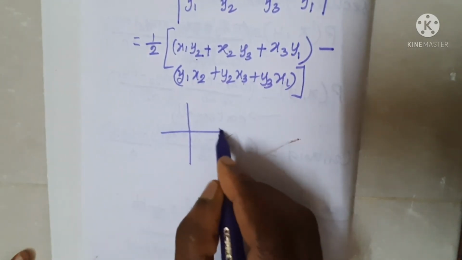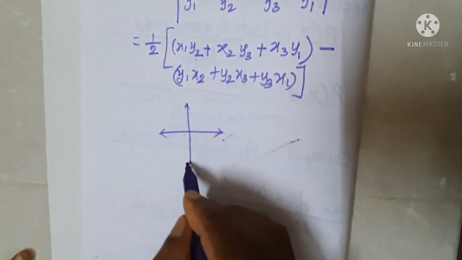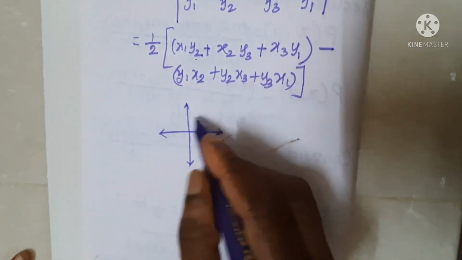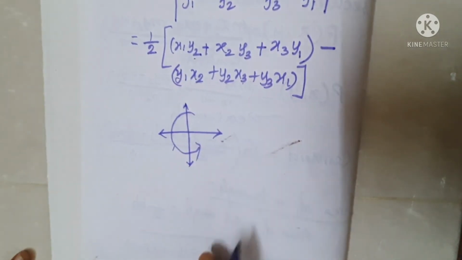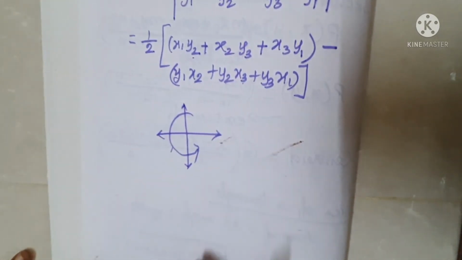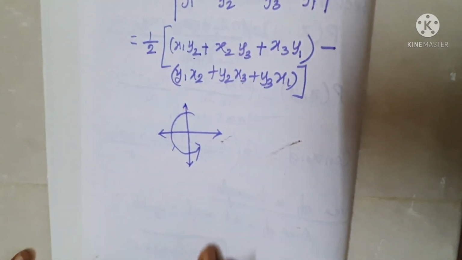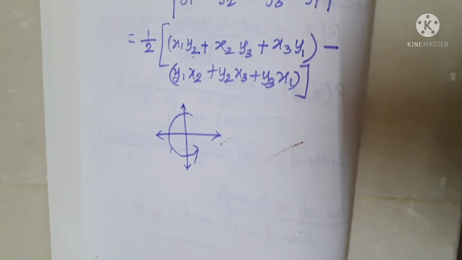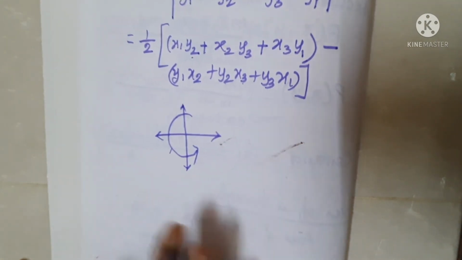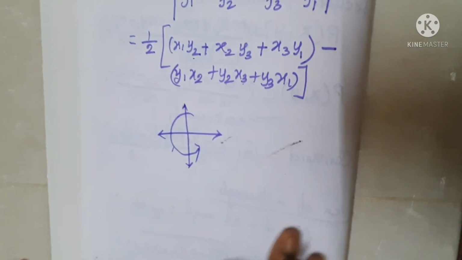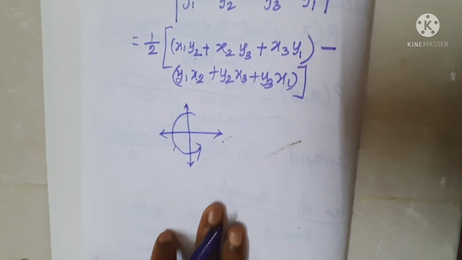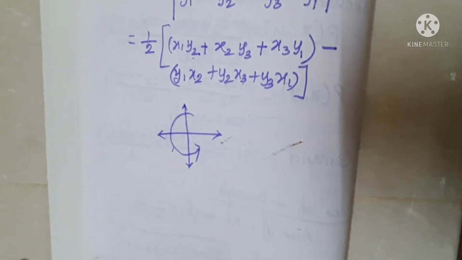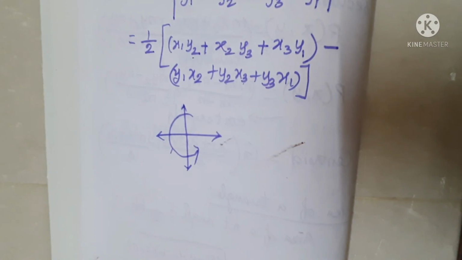If you draw the graph, plot the points and take the direction A, B, C, then only you will get a positive value. Otherwise you will get a negative value for the area of the triangle. So avoid this negative value. You take the points in order, that is, in an anti-clockwise direction.